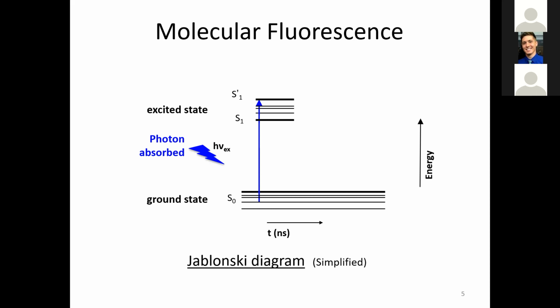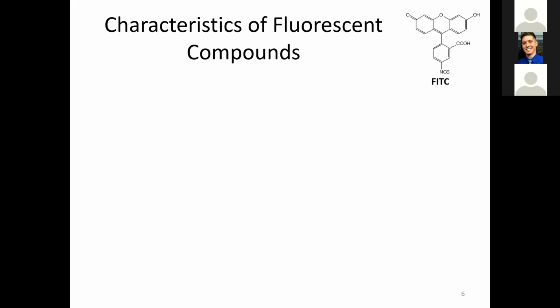The wavelength of light that we excite them with is going to be determined by the physical properties of our fluorophores. Our fluorophore will absorb a photon and go into this excited state. After a period of time in nanoseconds, it will emit a photon of lower energy and thus longer wavelength. So that will be our photon emitted. And we do have a little bit of other release of energy as well.